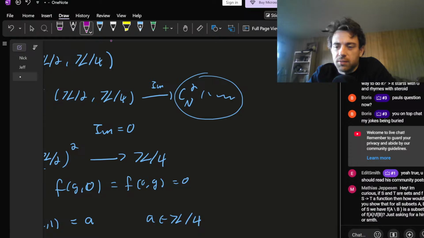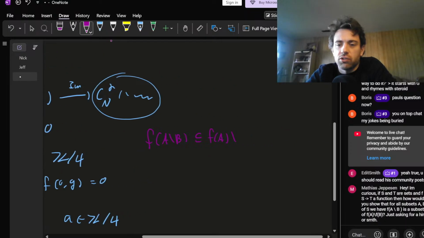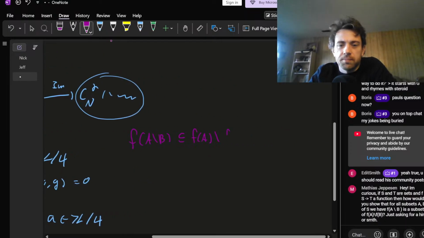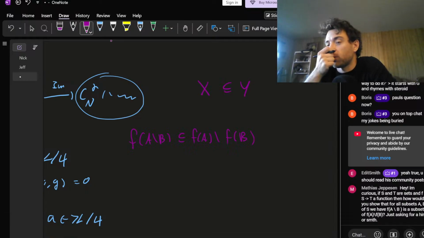That F of A set minus B is a subset of F of A set minus F of B. Okay, well, how do you prove that X is a subset of Y? What do you need to show? What's the formal statement?